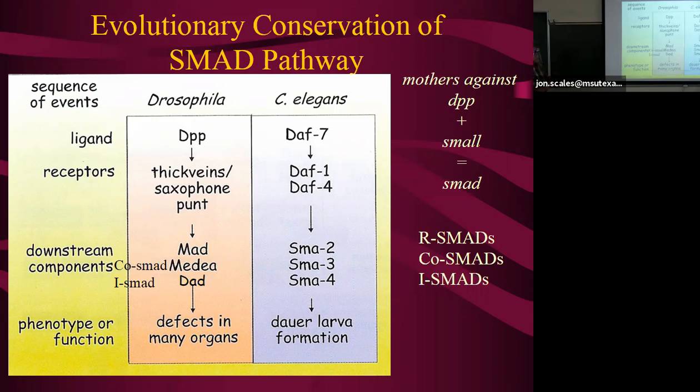It is a ligand, and the receptors for that have names given because of the mutant phenotypes. Remember, fruit flies like to name things after the phenotypes. So there were vein malformations in the wing. I don't have any idea how they gave it the name saxophone, except that when a fruit fly larva is developing, the body sort of curves and then comes back.